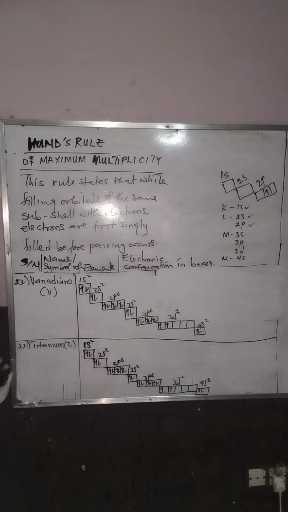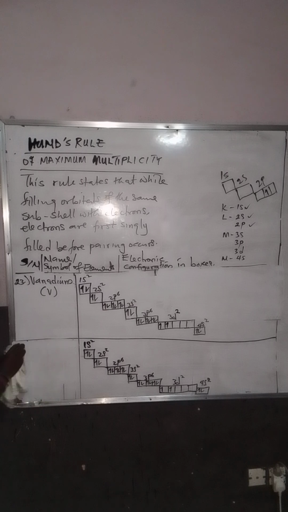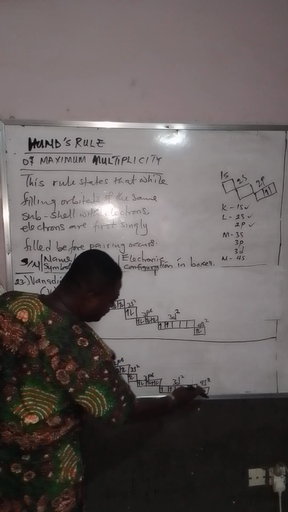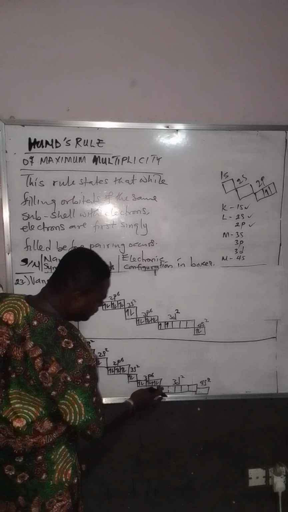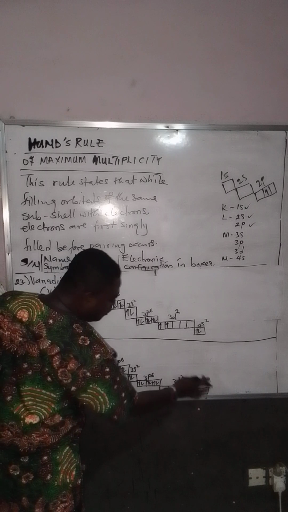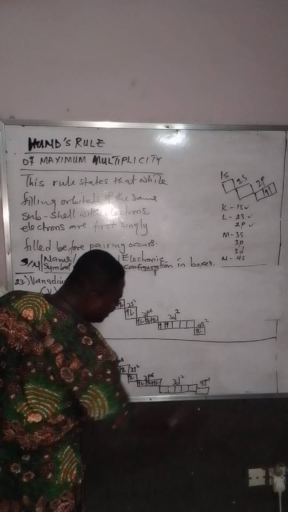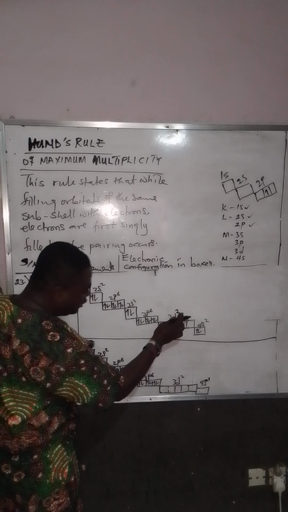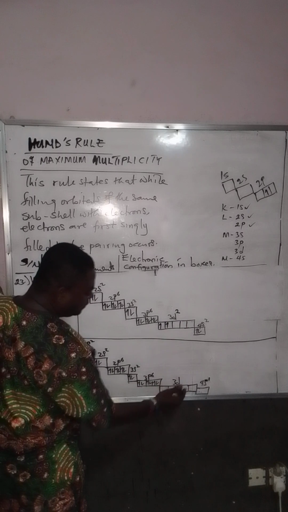The next one is 24, chromium, Cr. It's just to change this one. Chromium and copper are 4s1 and double 3d. Since this one is 2, this one is supposed to be 3.